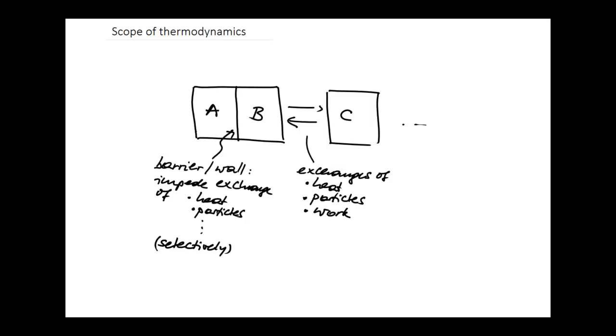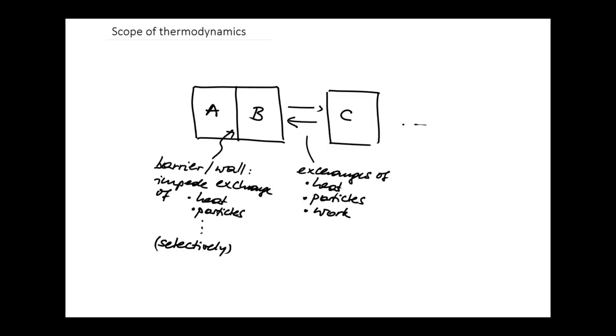And then depending on whether or not it's thermally insulating, it can allow or impede the exchange of heat between the systems. So you can construct between the various systems in your collection different kinds of walls, and you can select which kind of resources the systems are allowed to exchange and which not.